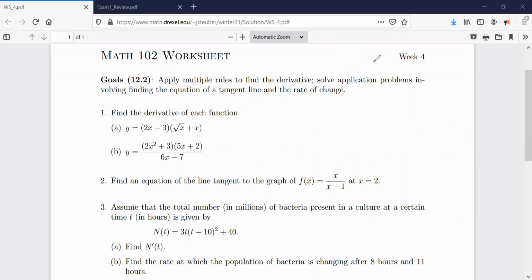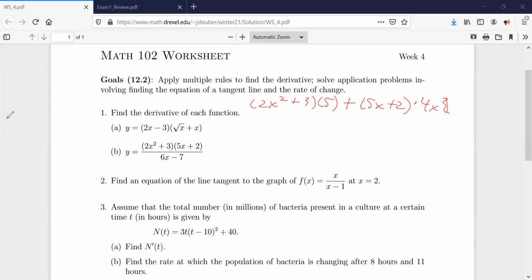For the product rule on the top, the first is 2x squared plus 3 times the derivative of the second. The derivative of the second is just 5, plus the second, which is 5x plus 2, times the derivative of the first, which is 4x. So that's the derivative of the top.